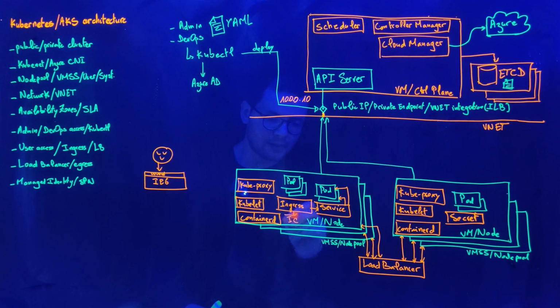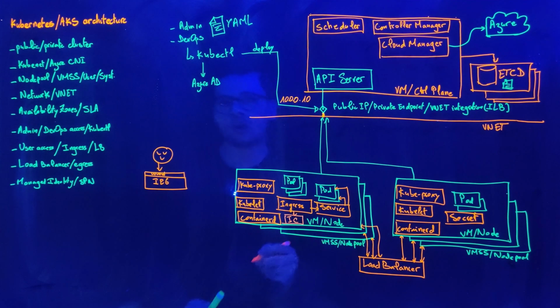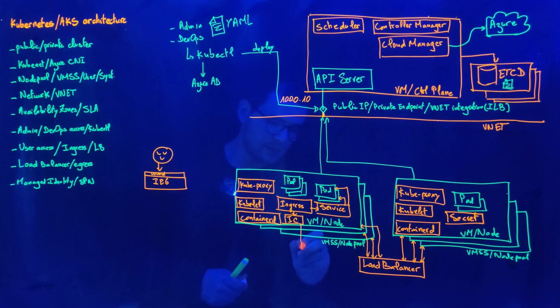So we would have something like the Nginx ingress controller, or the Azure Application Gateway ingress controller, which is an Azure native resource. With that, when we create that ingress controller, it will provision a public IP address. That public IP address will be exposed to the load balancer.